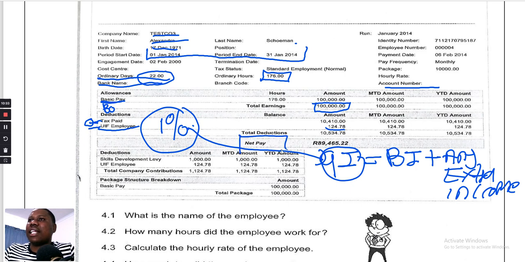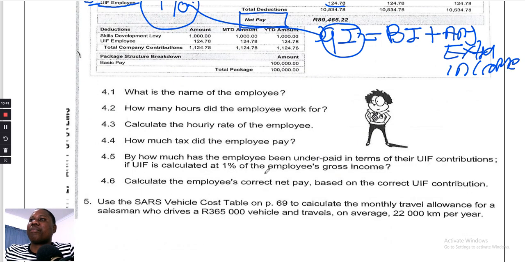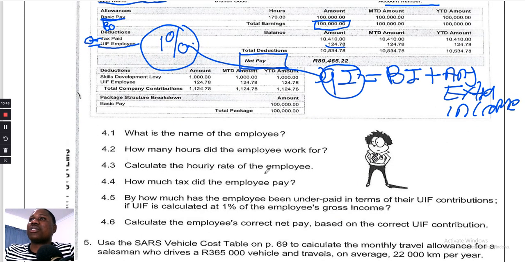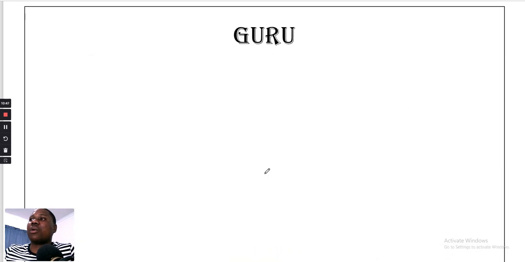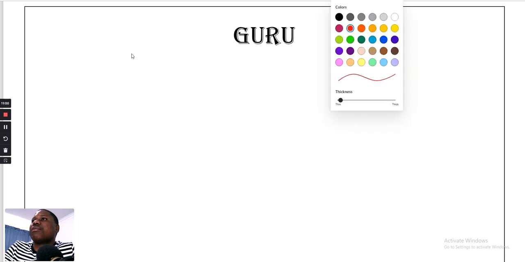How do we calculate this net pay? Remember, the idea here is to analyze this pay slip. Let me move down. I'm just going to talk about the net pay. These things you must not mix up, because they go step by step. First we start with what? Let me change the color here. Where do we start?